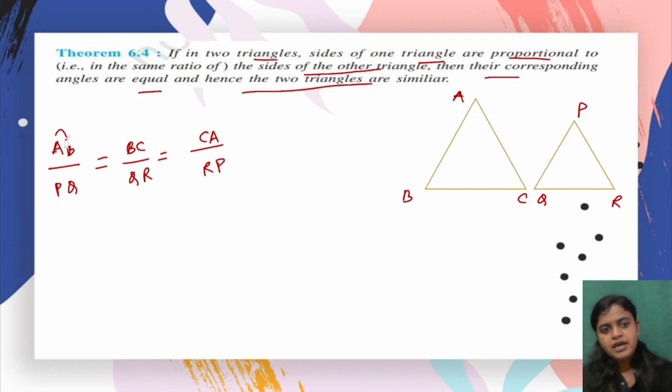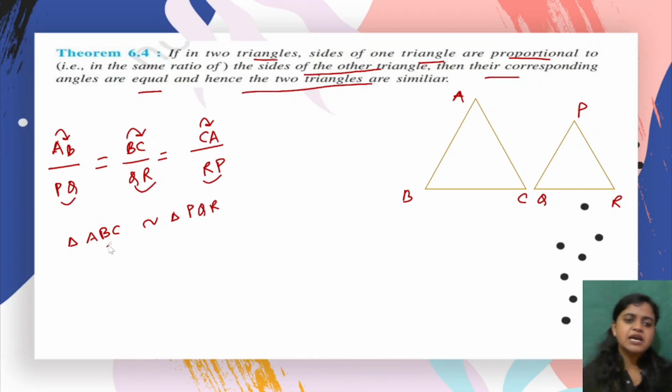You see, A, then B, then C. So we can write triangle ABC similar to triangle PQR, following PQ, QR, RP.